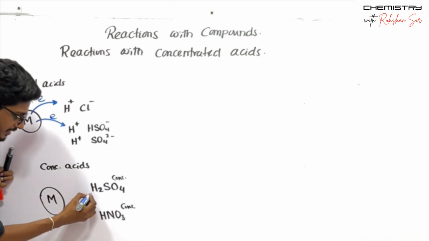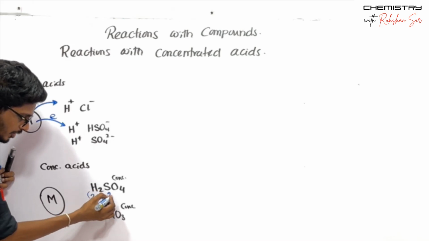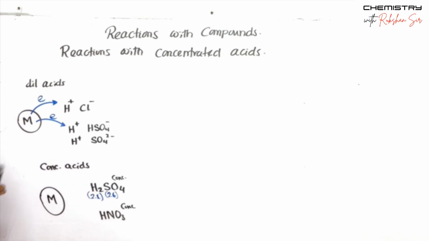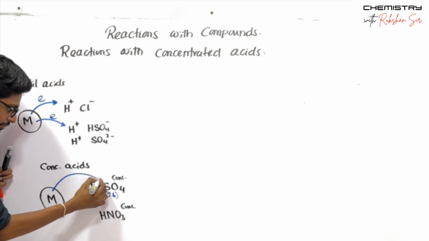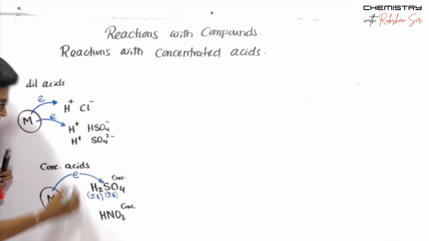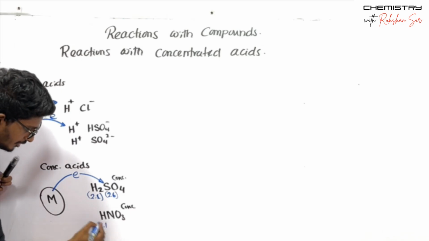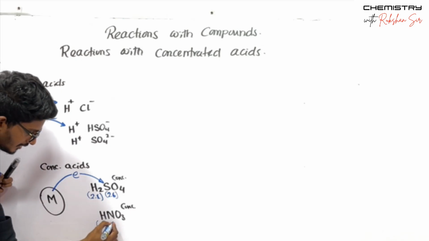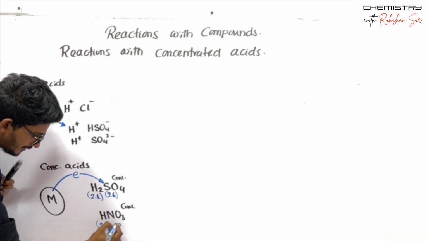Why is that? The hydrogen has an electronegativity of 2.1, sulfur has 2.6 here. So sulfur is more keen on electrons than the hydrogen. So the electrons released by the M will be accepted by the sulfur here, not the hydrogen. In this case as well, hydrogen is 2.1, nitrogen is 3.0.